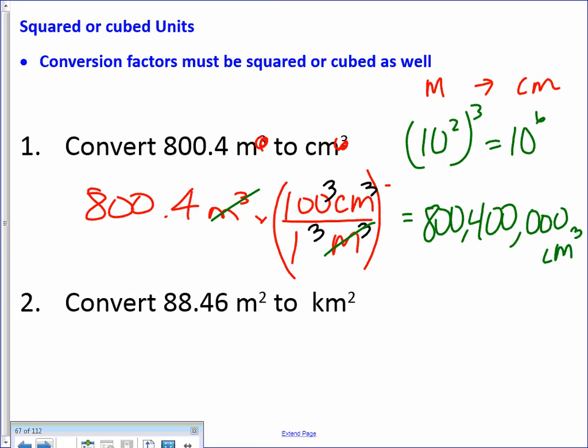I don't like that many zeros. I'm all about that scientific notation, and you'll see most of my answers are recorded that way. So it's not a totally different problem. It's just a problem if you forget the cube part, or squared, or whatever it is.